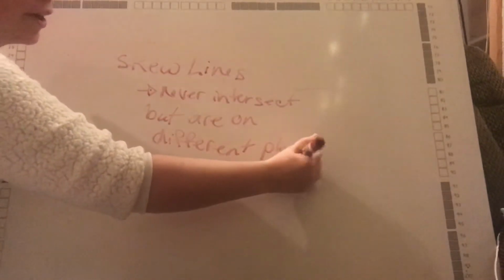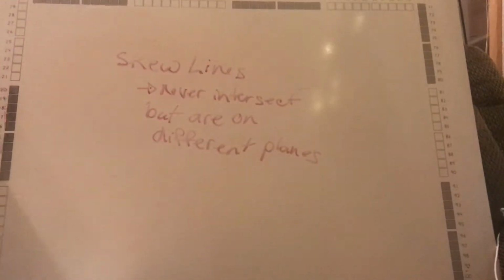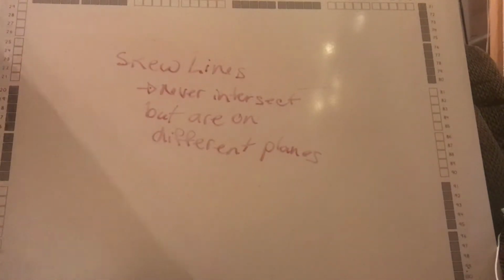These are harder to draw on a two-dimensional surface. So if you look at your book, they have a picture of two lines that never intersect, but are on different planes. So they're not necessarily parallel. They just do not run along the same plane.